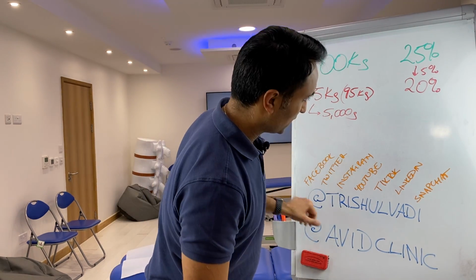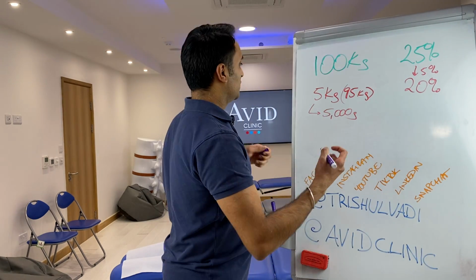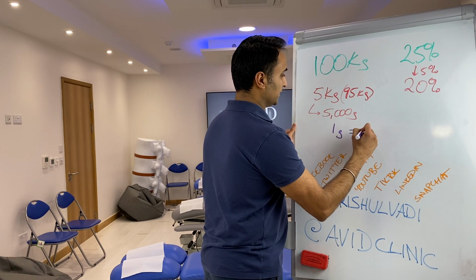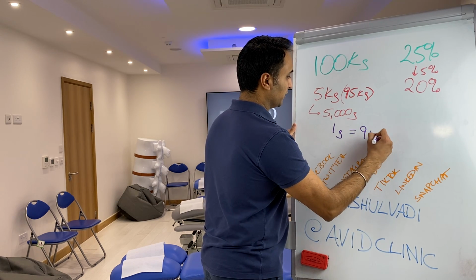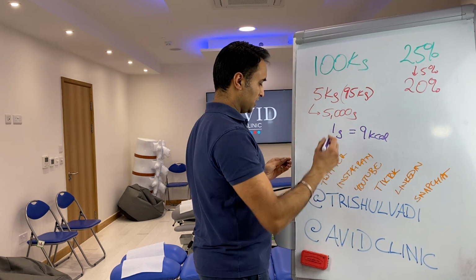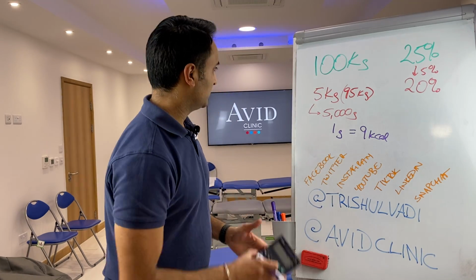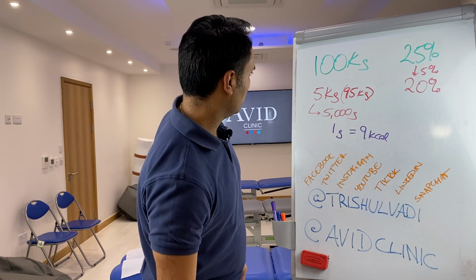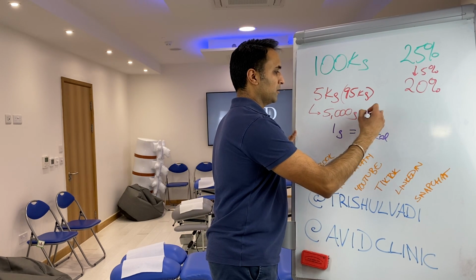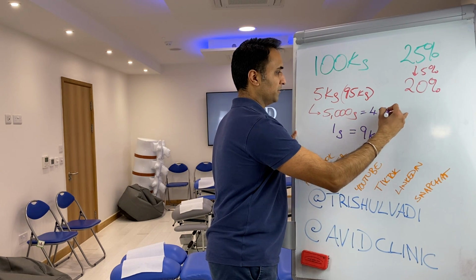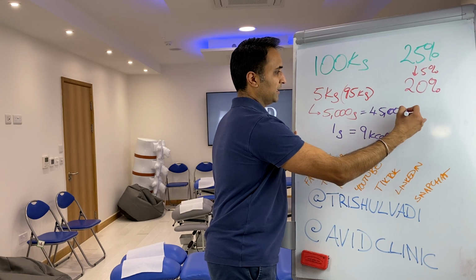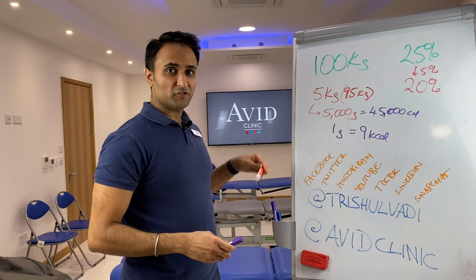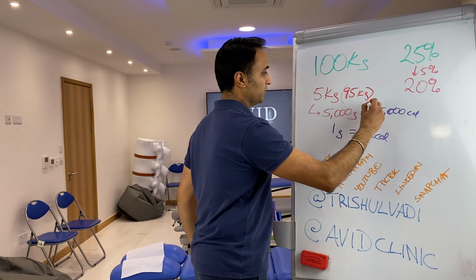So if we've got 1 gram of fat equals 9 kilocalories, therefore, if I've got my trusty calculator, it's 45,000 calories.